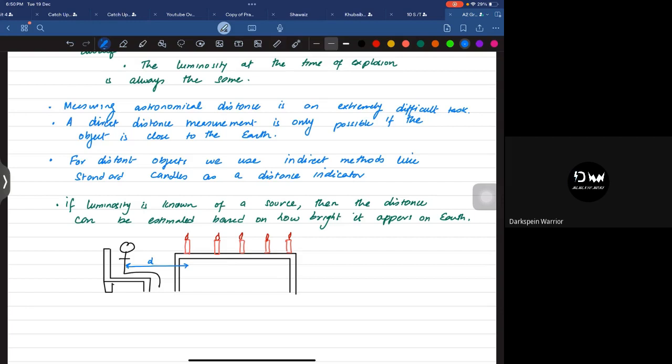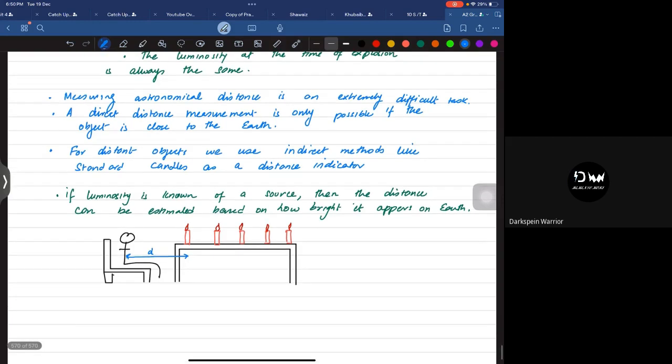Which of these candles, A, B, C, D, and E, would look the brightest to him? A. The reason it is brightest is because it is closest to him. Do you understand that? The dimmest candle would be which one? E, because it is the farthest away.